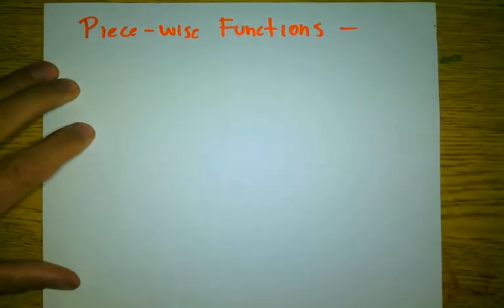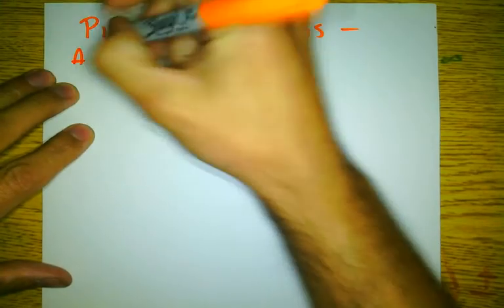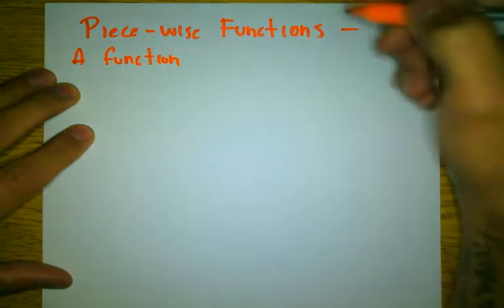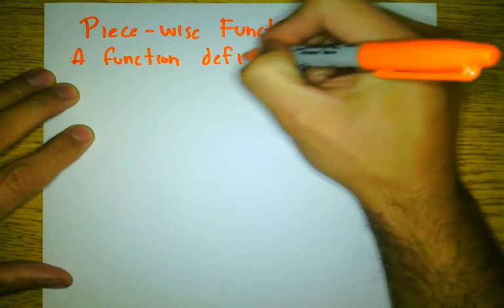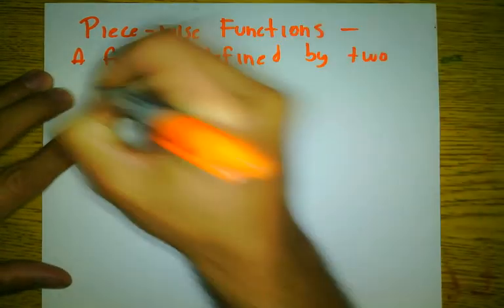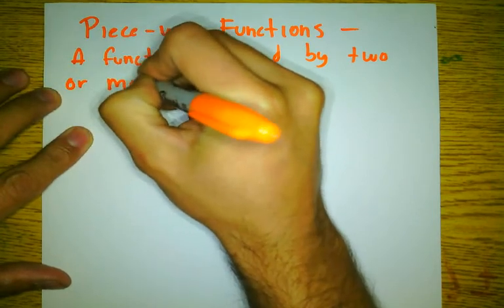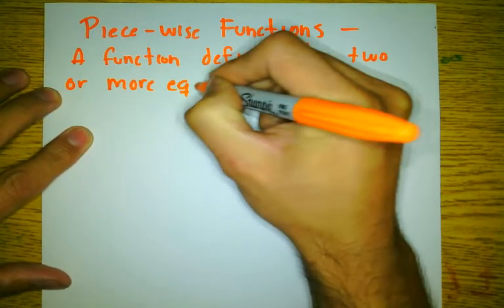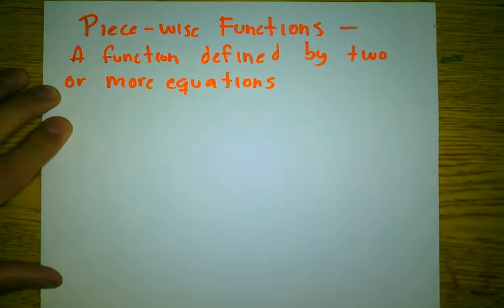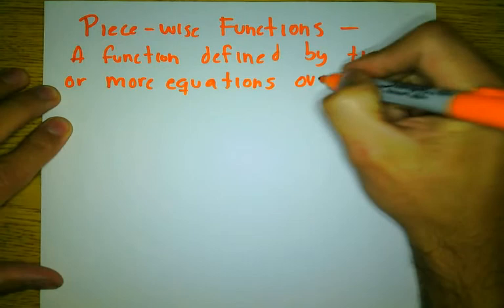So I'm going to give you a definition, and then we'll try an example. A piecewise function is a function that is defined by two or more equations over a specific domain.